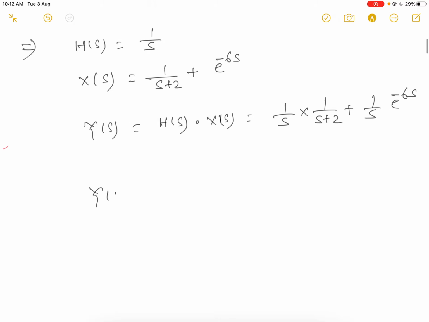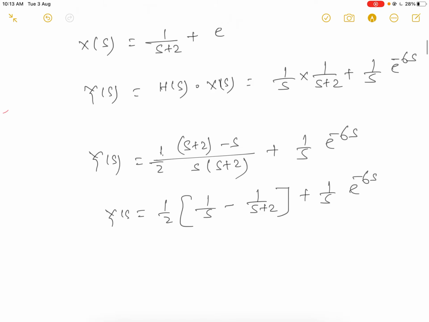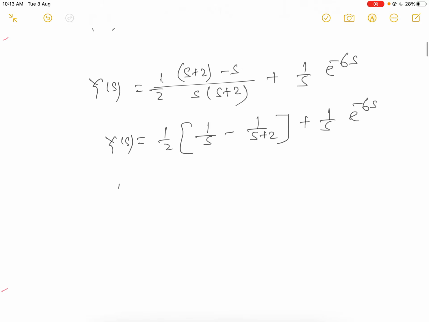Okay, so Y(s) will be, taking partial fractions, 1 by 2 into 1 by s minus 1 by s plus 2 plus 1 by s e to the power minus 6s is Y(s). Okay, now take the Laplace inverse and it becomes y(t).